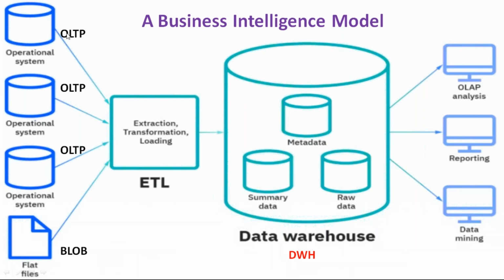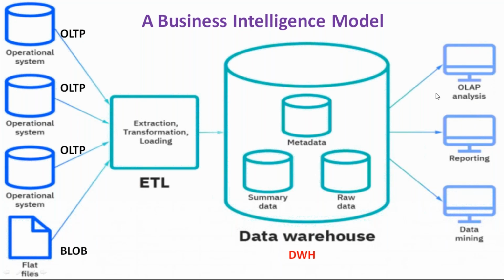So OLTP on the left, data warehouse on the right. In between you have the transition and valet parking service, ETL: extract, transform, load. From the warehouse come data mining, OLAP (online analytical processing), analysis, deep learning, machine learning, reporting, and so on.